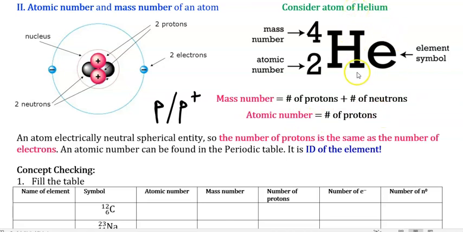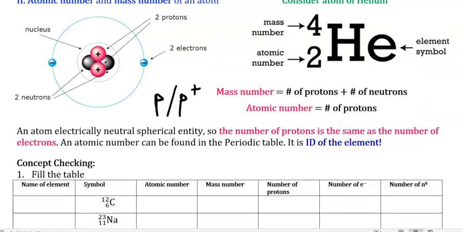So one atom of helium has 2 protons in its nucleus. Mass number is the number of protons plus the number of neutrons. We mentioned before that protons and neutrons are particles which have mass, compared to electrons, whose mass is usually negligible.